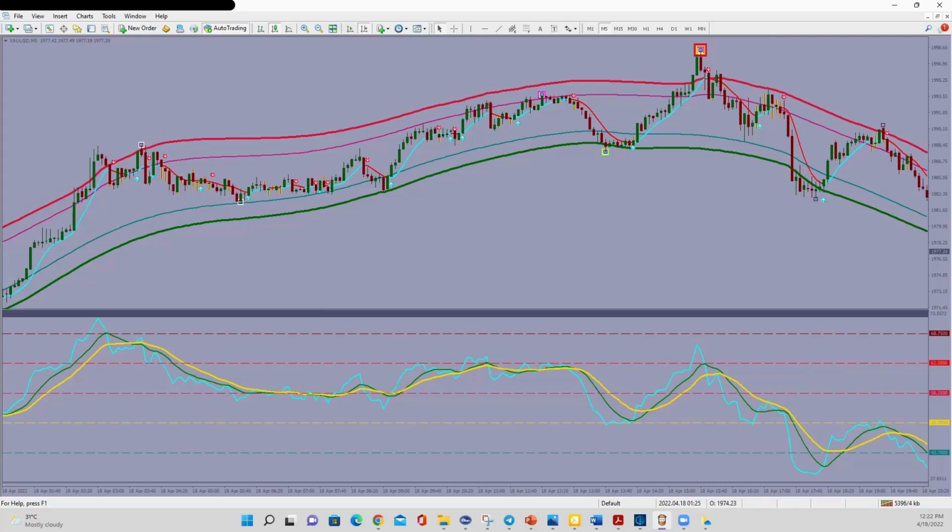With this added to the above buy or sell conditions as part of your rules, you would be amazed by the accuracy of your trades. All you need is to ensure that the aqua line here is either above the golden line for a buy or the aqua line below the golden line for a sell.